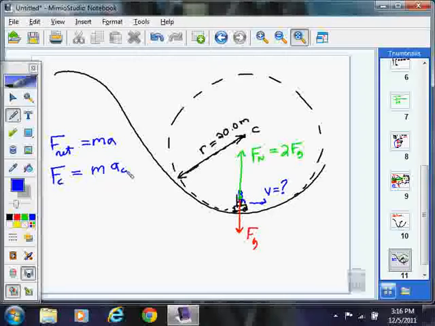And what's going to be the expression for the centripetal force at that bottom point? Well, before that, don't make that substitution yet. In terms of Fn and Fg, Fn minus Fg. Isn't that just going to equal Fg? Yep. Fn minus Fg equals m. And what's the expression for the centripetal acceleration?